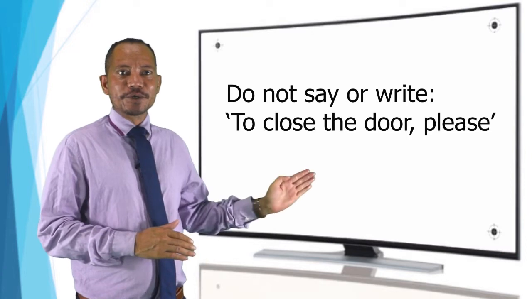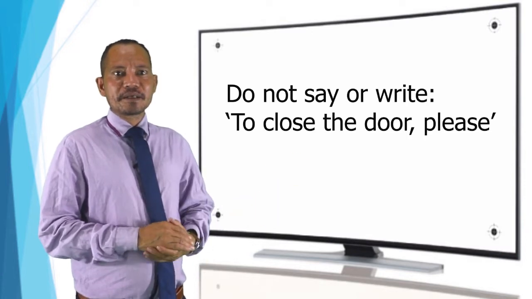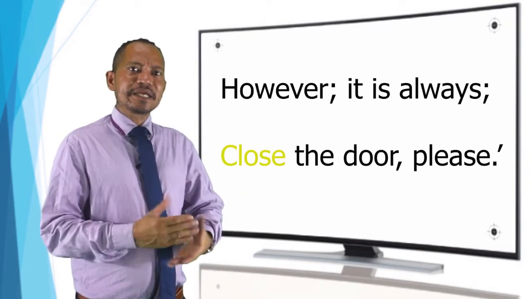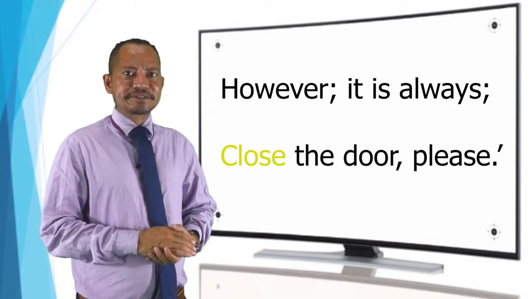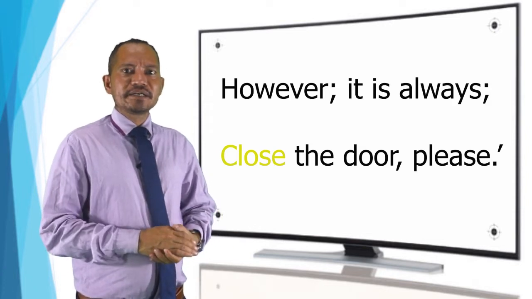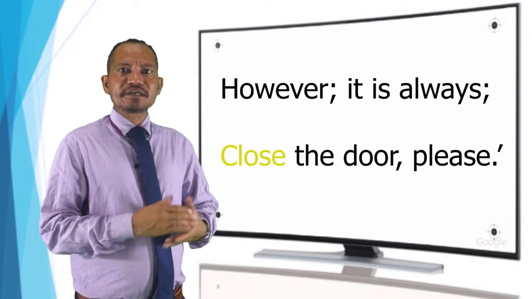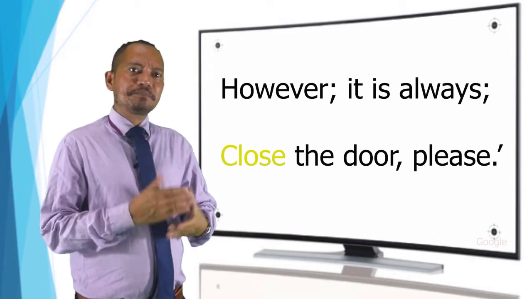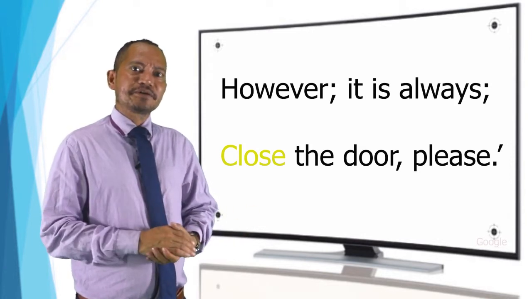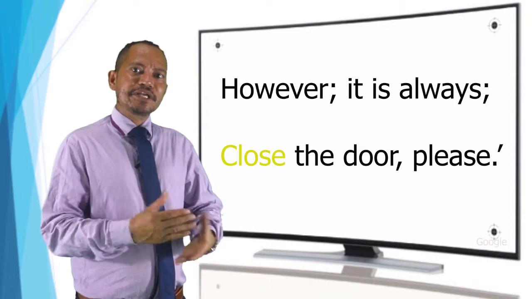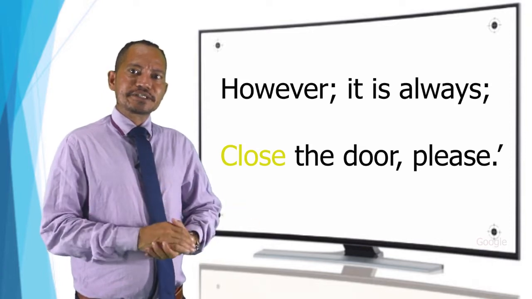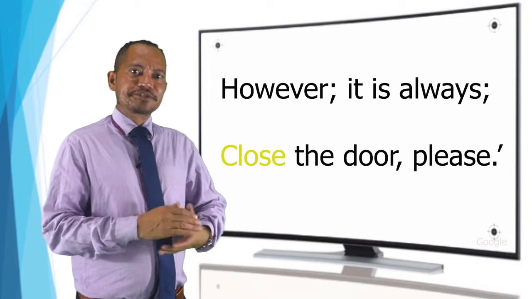For example, we don't say to close the door, please. But it's simply close the door, please. Again, there is no subject or to, but simply the verb in the base form or the infinitive verb, also known as the imperative form of the verbs.